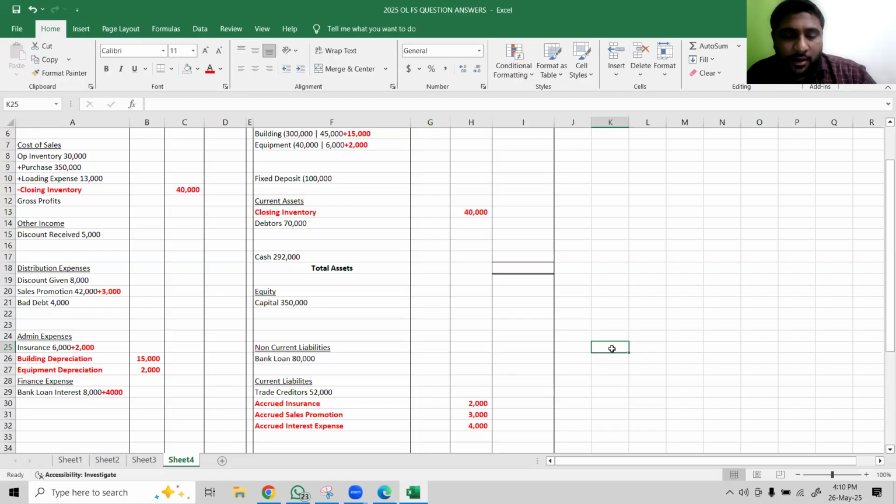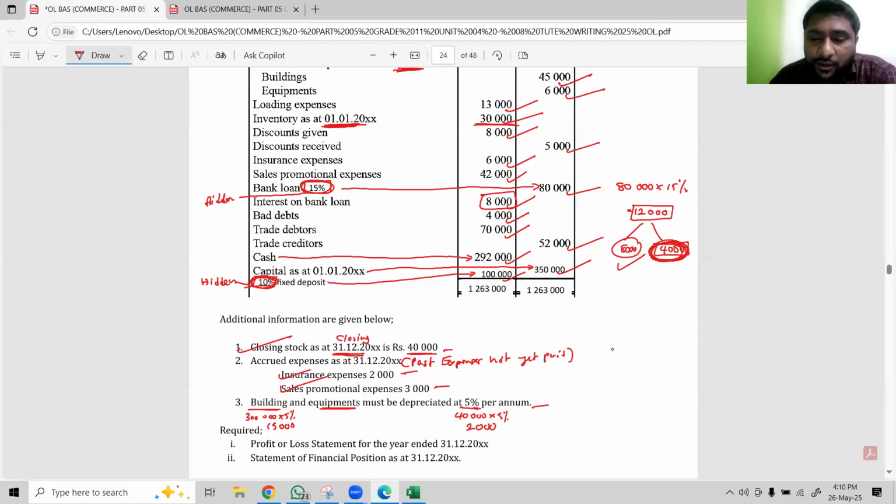Okay. Now we'll move to the fixed deposit scenario. The fixed deposit is 100,000. Interest is 10%, so 10% of 100,000 is 10,000. Then you read the trial balance and tell me, out of this 10,000 interest income, how much we have already received.